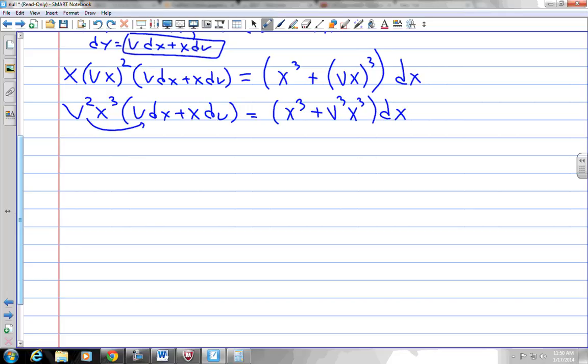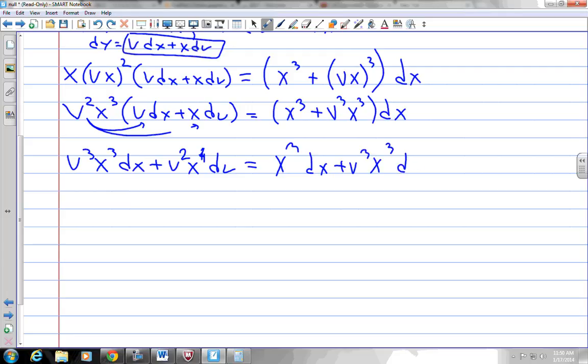If I distribute this, I'll get v cubed x cubed dx plus v squared x to the fourth dv equals x cubed dx plus v cubed x cubed dx.